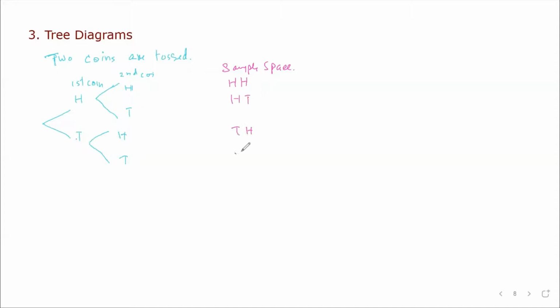And this one, tail, tail. So the sample space, the total n(S), equals the total number of outcomes of the experiment. So you have 4. So if they want to get tail, tail, it becomes 1/4, that's all.